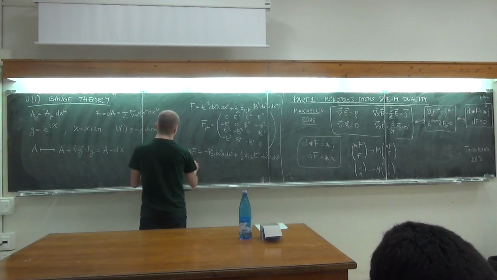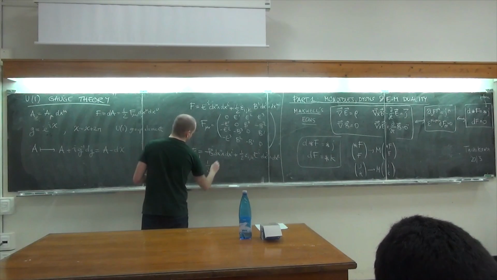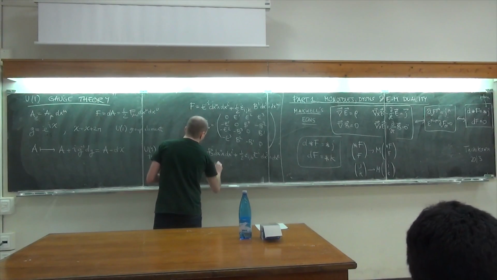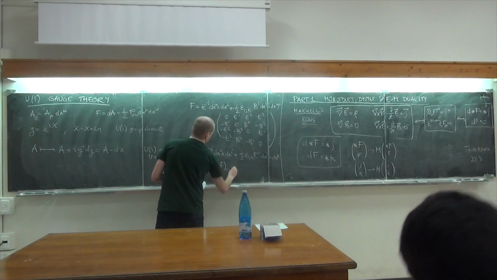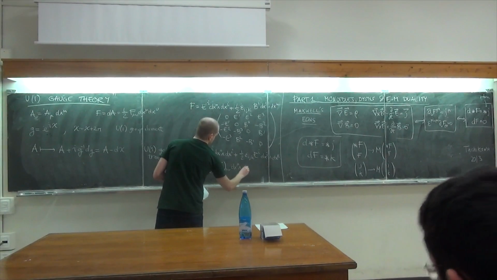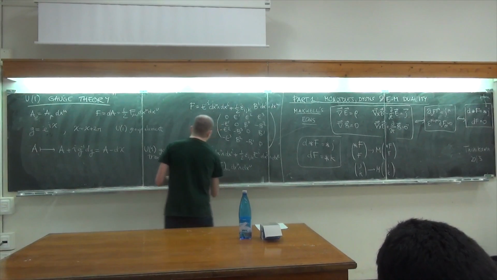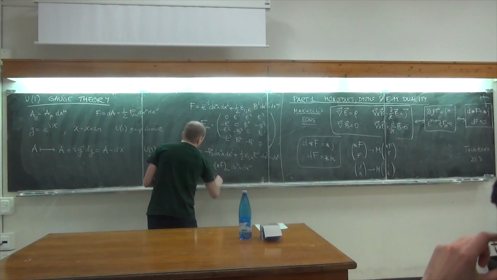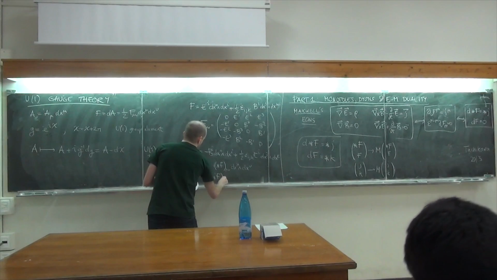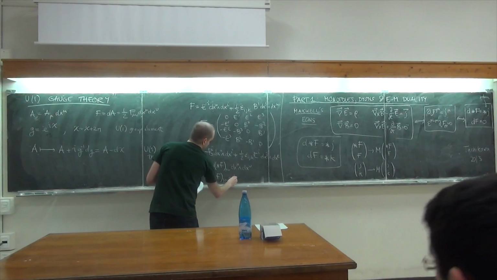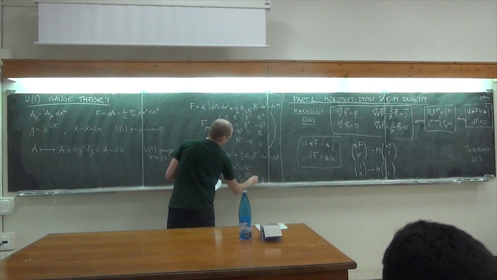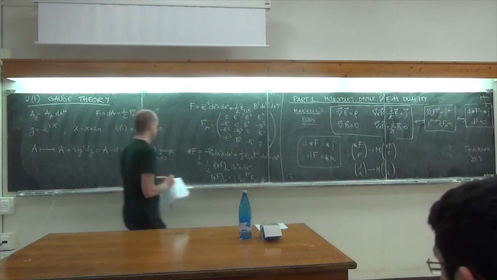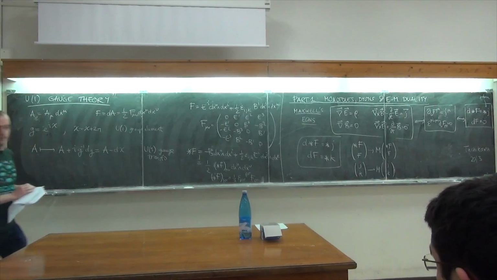And this is also equal, by definition, to a half star F_μν dx^μ ∧ dx^ν, where star F_μν is nothing but 1/2 ε_{μνρσ} F^{ρσ}.